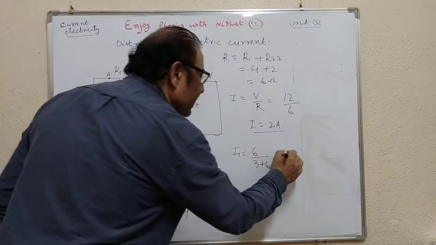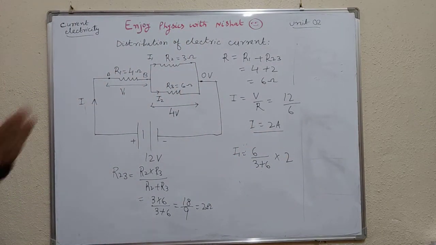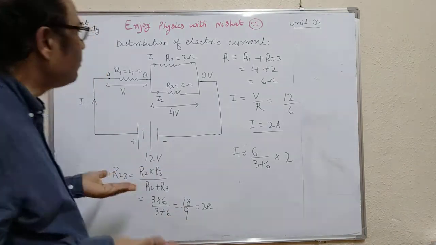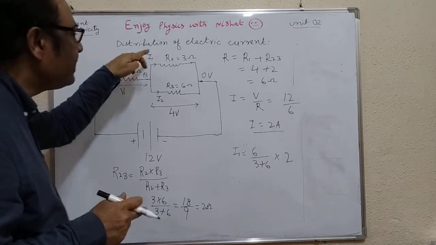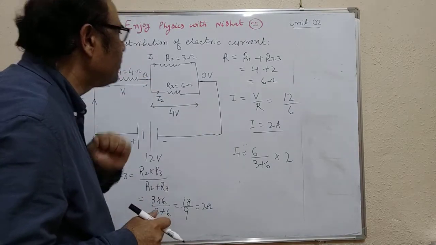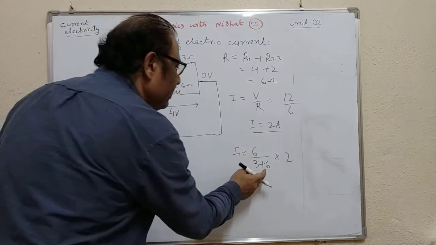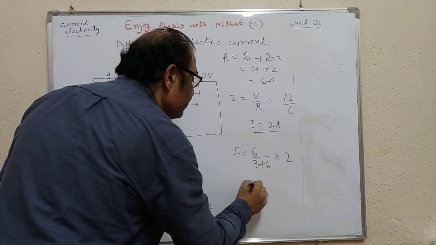So what is the main current? 2. It is very clear. By the other method, you are going to find out I1. If you are finding I1, then take the resistance of I2, that is 6 ohm. Now add both resistances, 6 plus 3. This is 3 plus 6 into main current 2. Then what do we get here?